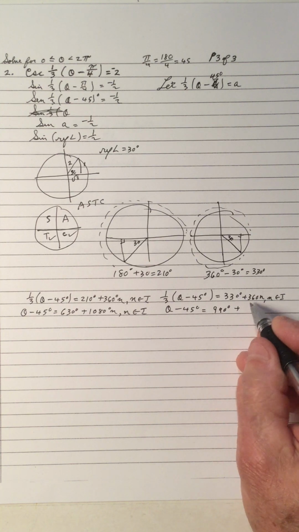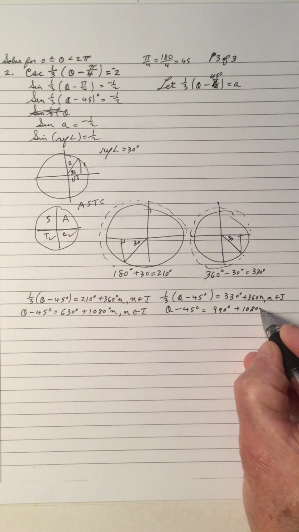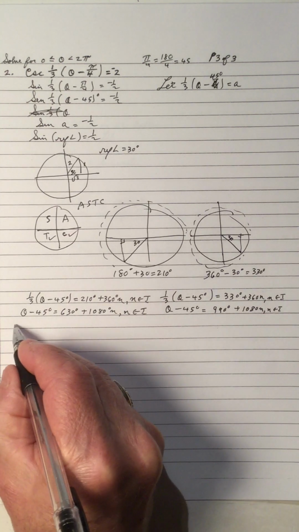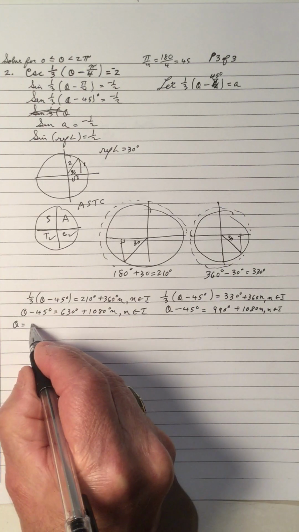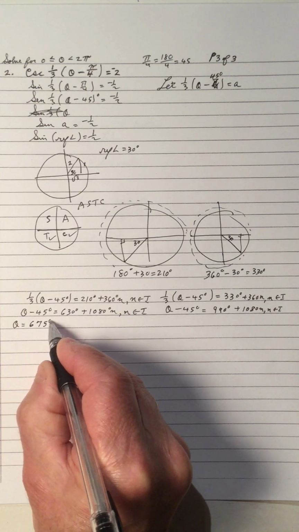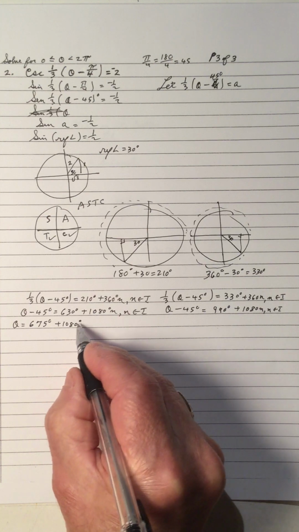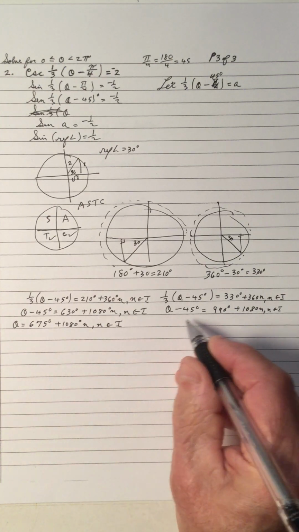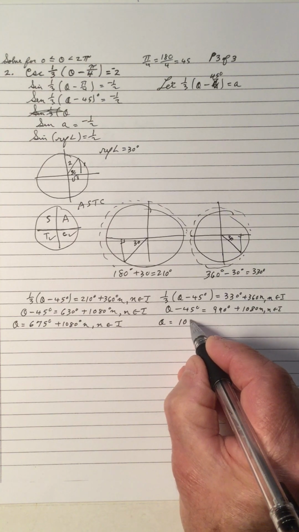And this one, multiply by 3 is 1,080. So theta is 630, and we got to add on 45, so 675, plus 1,080 N. And here we got to add 45, we get 1,035.